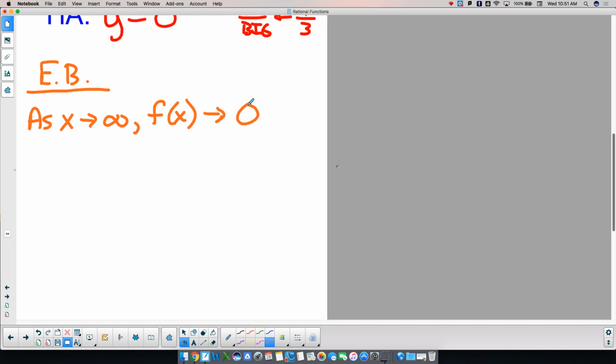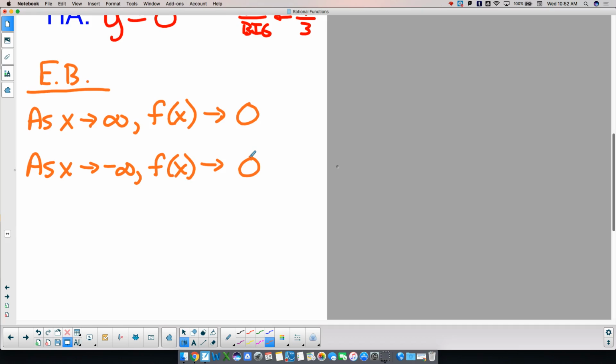But I know it's going to 0 because 0 is my horizontal asymptote. So I know that's 0. If this was like 7 there, I would say then f of x is going to 7. I just have to figure out if it's above or below. Okay? Likewise, as x goes to negative infinity, my function is going to 0. I just have to figure out above or below.